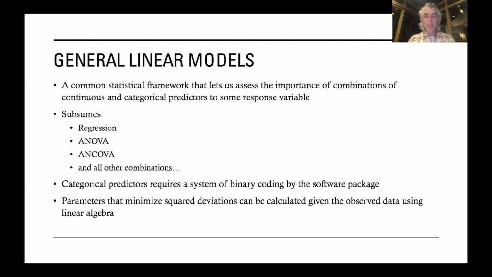And the parameters that we get out of a general linear model are the parameters that minimize the squared deviations between our observed values and the fitted values. In essence, this set of parameters are the set of values that minimize the residuals, or the errors, or the differences between our observed and our predicted values in our statistical model.